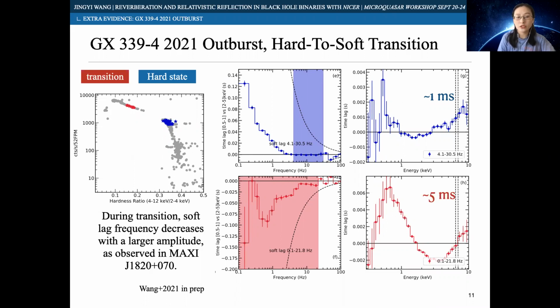The right column shows the lag energy spectra in those shaded frequency ranges, where you can see strong soft reverberation lag signatures, and the lag amplitude increases from about 1 millisecond to about 5. This is, again, the first time we tracked reverberation into the state transition for this source, and its evolution is exactly what we observed in MAXI J1820.